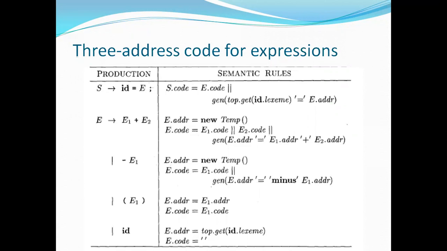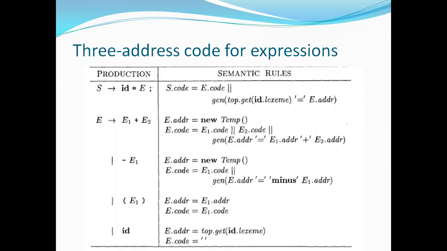Finally, from rule number 1, what we're going to generate is that we need to get id, where id is a lexeme here. That id is assigned to E because E is a node here, right?